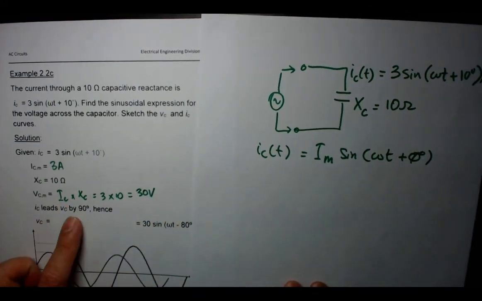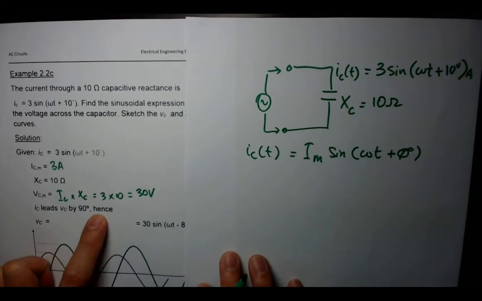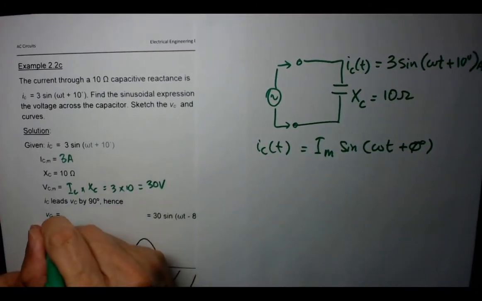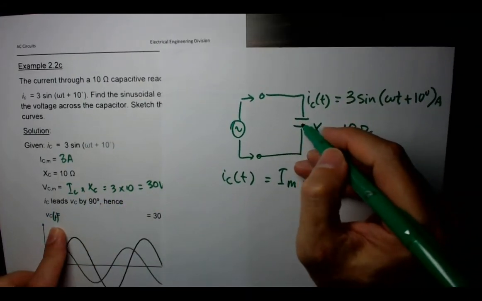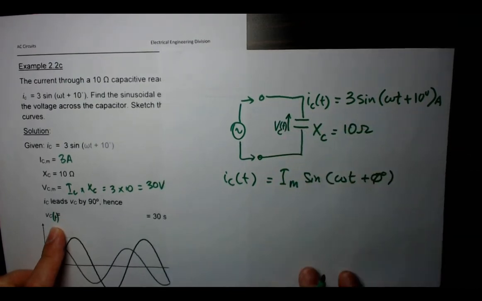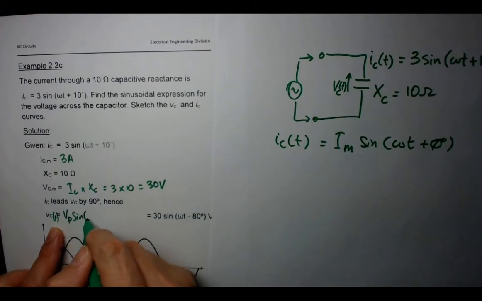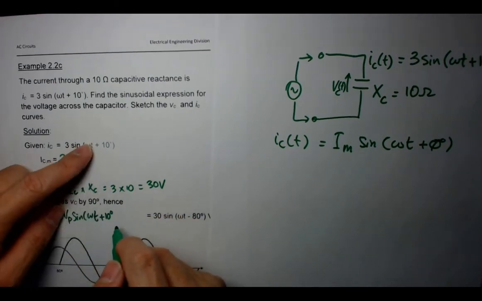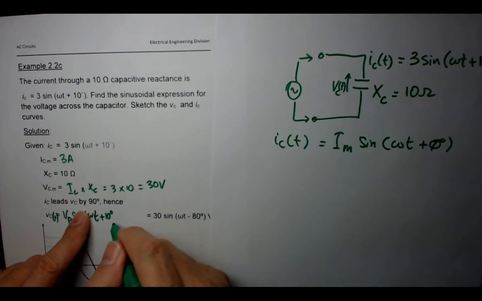Now, since we know from the earlier chapter that current always leads the voltage by 90 degrees for a capacitive circuit, we can conclude that the waveform for the voltage across here must be V peak sine of omega t plus 10 degrees, but this time we know the voltage lags.